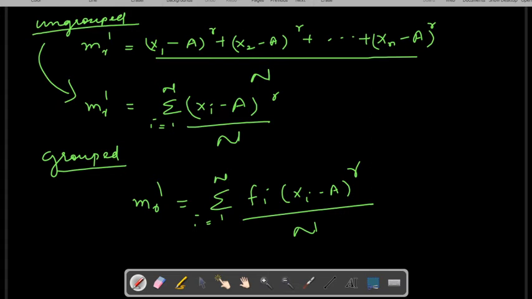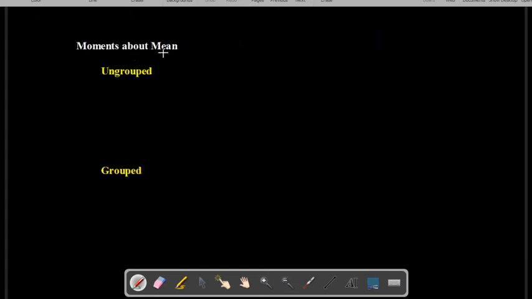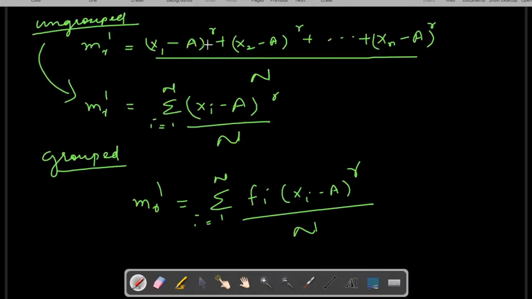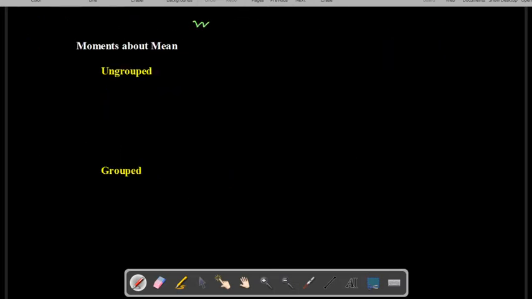Now in the same way, the next moment is the moment about mean. So now you can directly write the formula. Instead of a, we have to take the mean. Mean we represent as x bar.